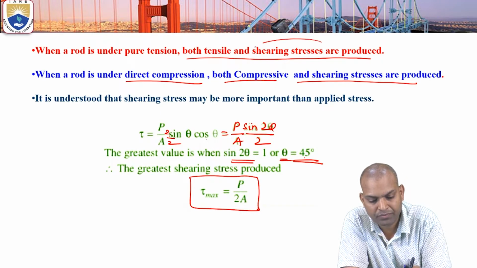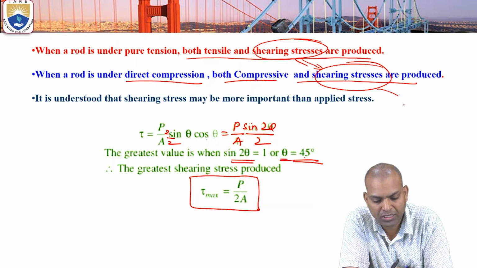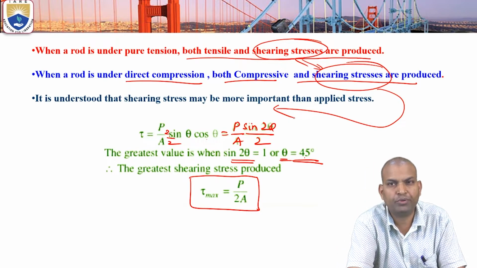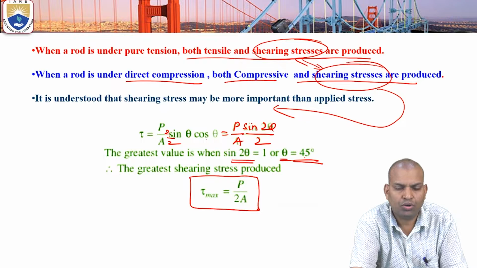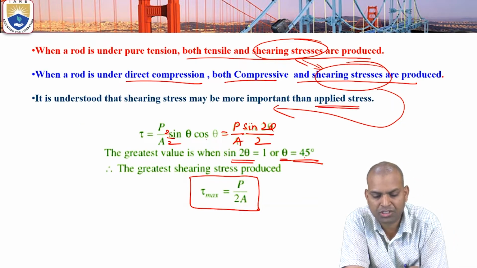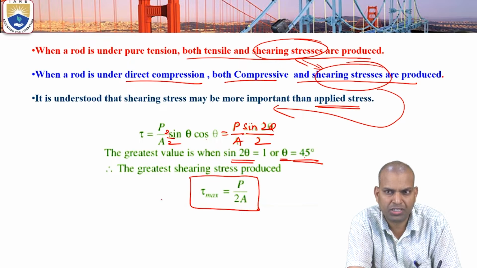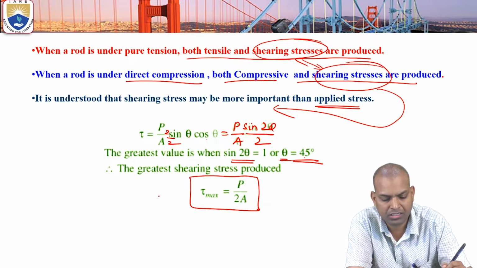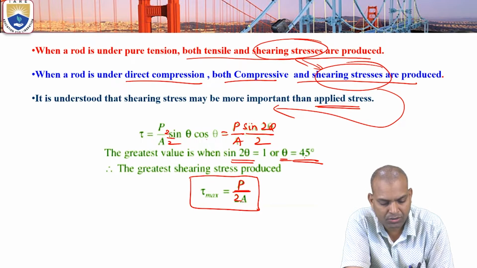The common one under both loads is shearing stress. So shear stress is very important under whatever load the beam is subjected to. That's why the shearing stresses are more important than the applied stresses, and that's why we have calculated the maximum shear stress for this case study, that is tau maximum equal to P by 2 times area A.